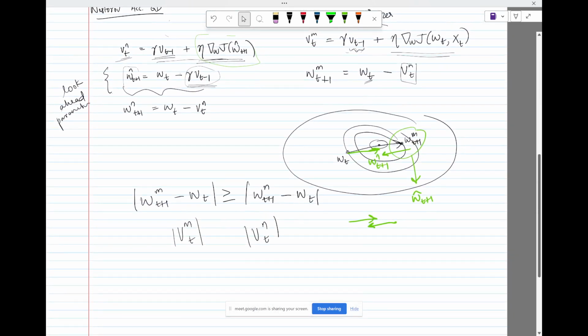If they are vectors, then you can consider some norm kind of thing.